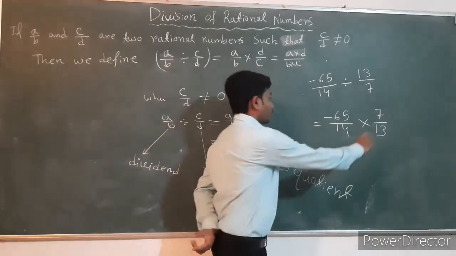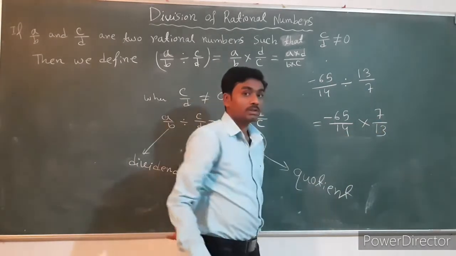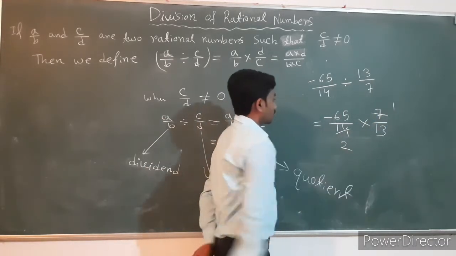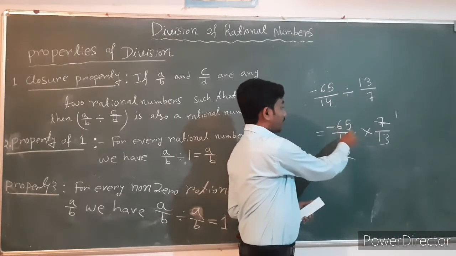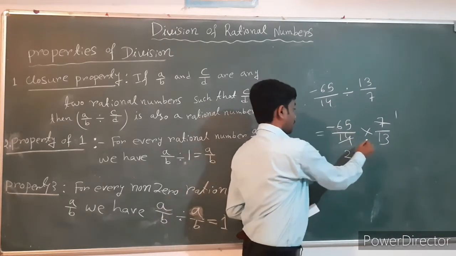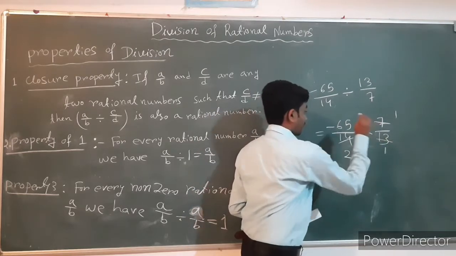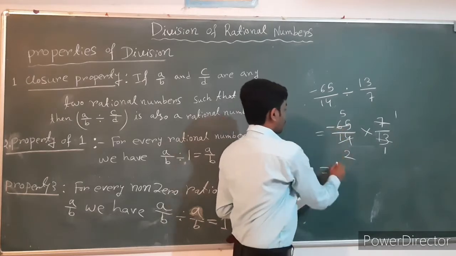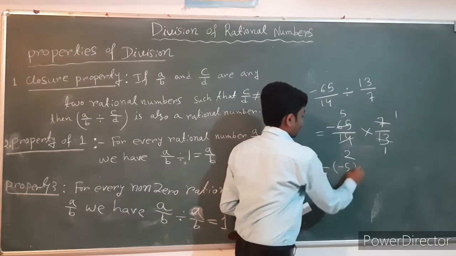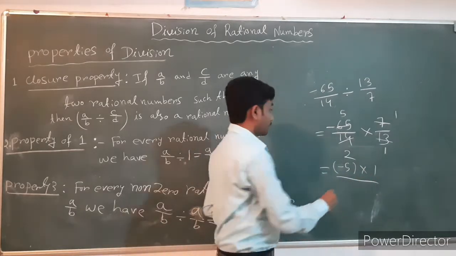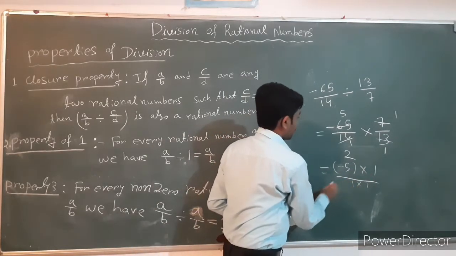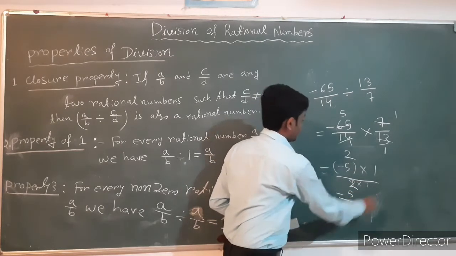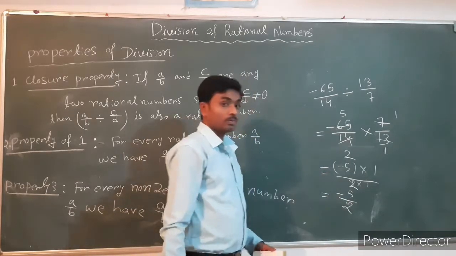Next, both the numbers 7 and 14 are divisible by 7. So we divide, 1, 2; 13 and 65 have a common divisor, that is 13. So 13 1, 13, 13 5, 65. Next, product of numerator by product of denominator. So minus 13 upon 12.